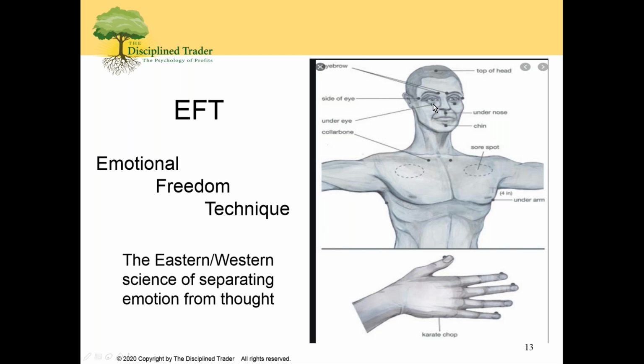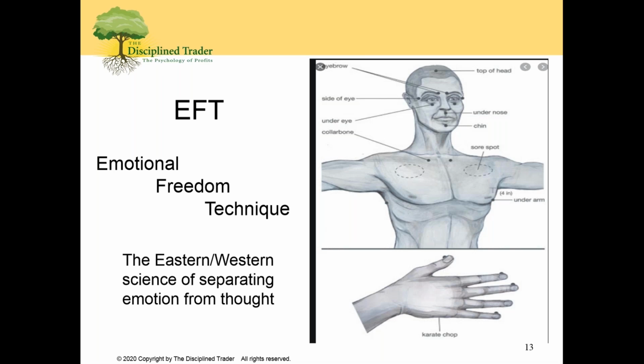I know this sounds crazy for somebody that's not familiar with this, but this is the basis of acupuncture and acupressure, where you're releasing blocked energy, which is likely causing health problems and so on. This is what acupuncture and acupressure is about.